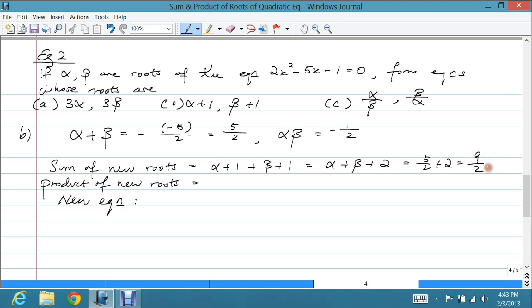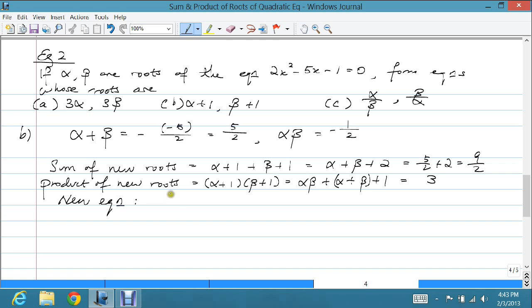Product of roots: alpha plus 1 times beta plus 1. This simplifies to alpha beta plus alpha plus beta plus 1. We know the values of all these terms, so I get negative half plus 5 over 2 plus 1, and that gives me 3.